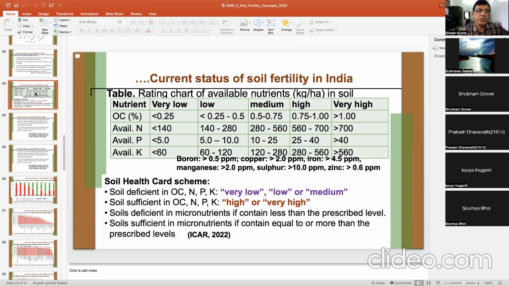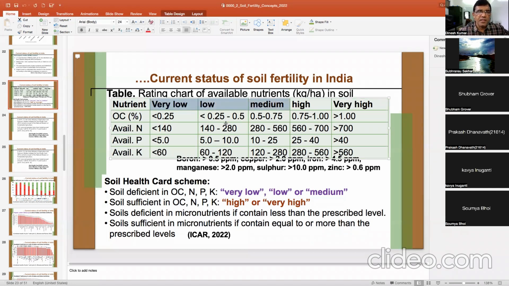Now we can have two classes based upon these results or this kind of chart. We can have two classes of soil fertility with respect to individual nutrients. So very low, low, and medium. For example, if you have organic carbon very low, low, and even medium, it will be considered as deficient.